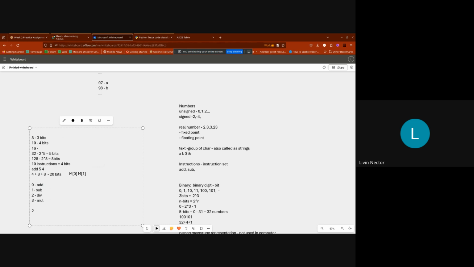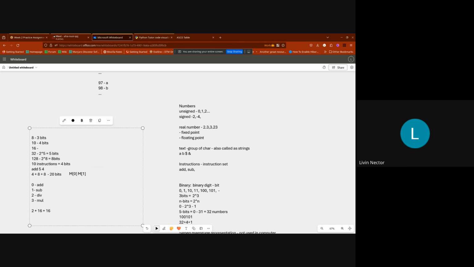So what will be the size of the instruction? 2 bits plus 16-bit plus 16-bit. Correct. So the size of my instructions would be 34 bits that I need to represent. Okay.